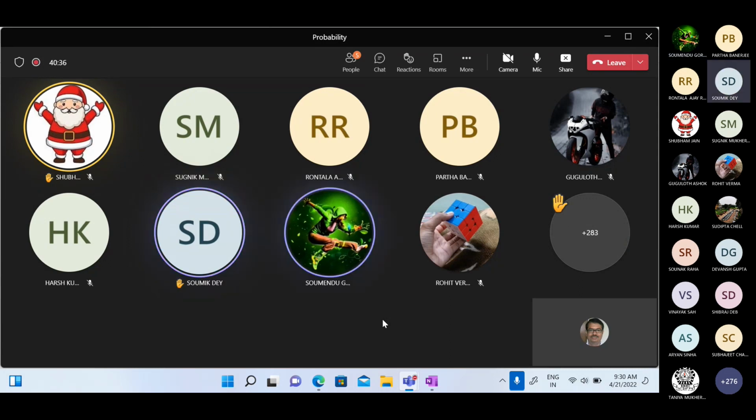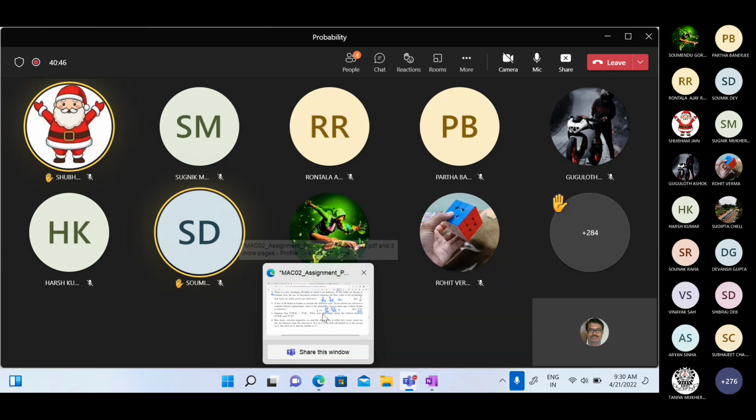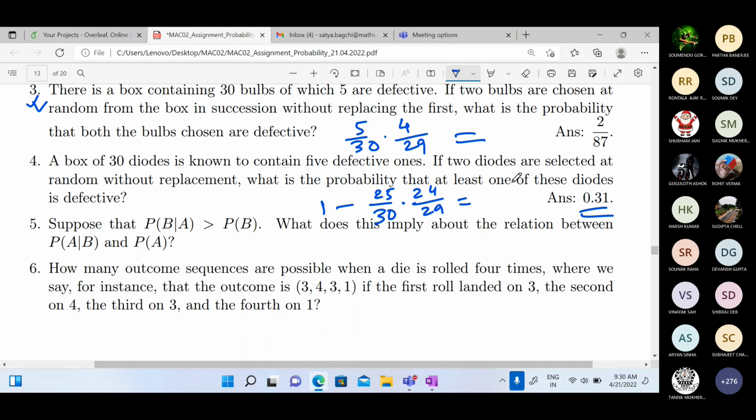And then we take just 1 minus this. This is the easiest way to think. Whatever you are thinking is probably correct, but at least one defective means none of these are defective, then you take 1 minus that. That is the easiest way.